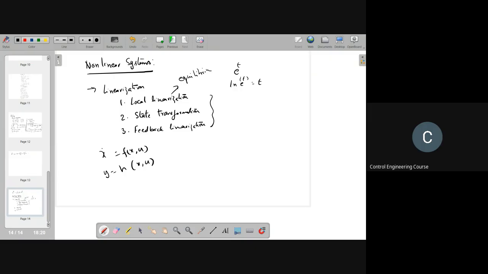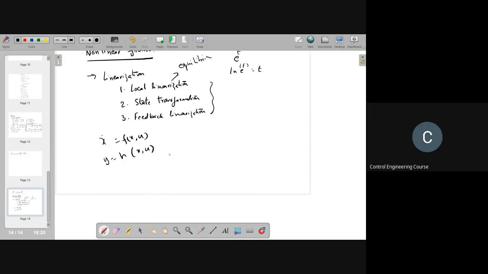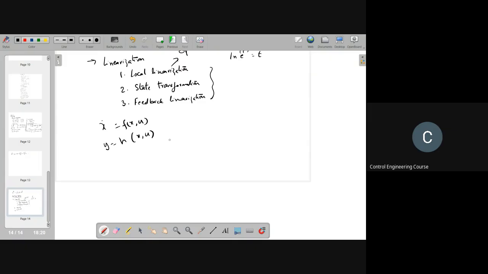If the system is like this, then the first step of local linearization is to find the equilibrium point for this system, and then use a Taylor series expansion to get the system in linear form. Suppose x star and u star is your equilibrium point, that means your x dot equals 0 at this point.